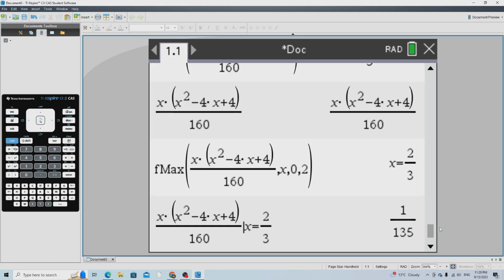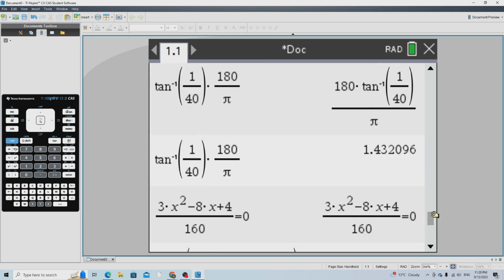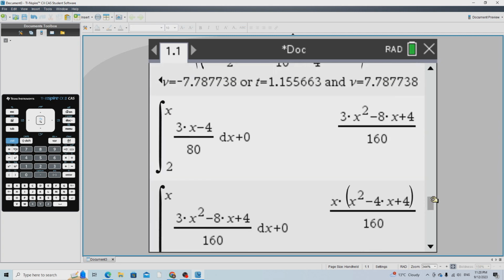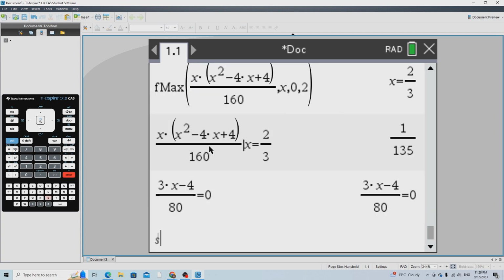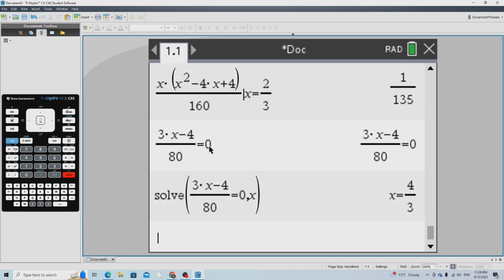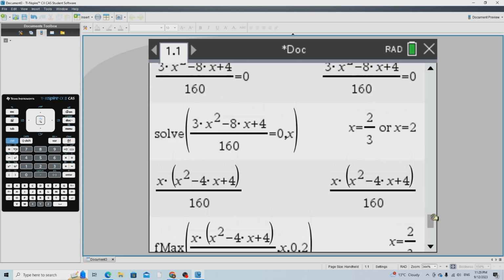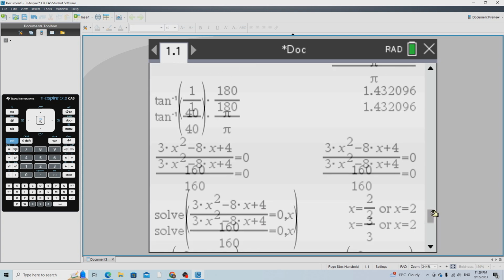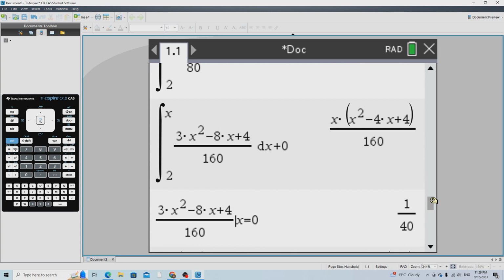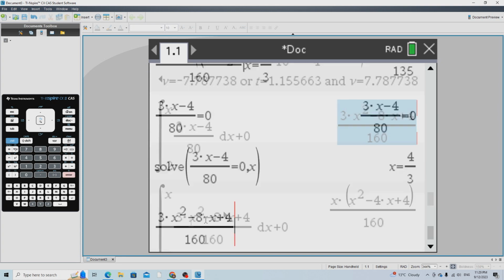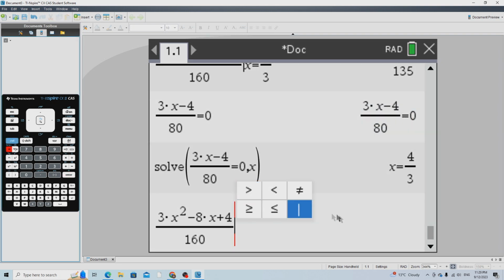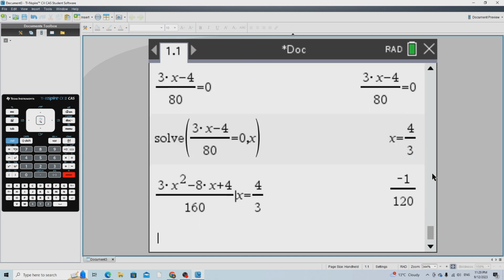Okay, so again, what we're going to do is, when is the double derivative, which is this, equal to 0? Solve, answer comma x, and we get 4/3. So the maximum angle will occur, the maximum inclination will occur over here, and what I'm going to need is, what is d squared y over dx squared, given that x is equal to that, we get this.